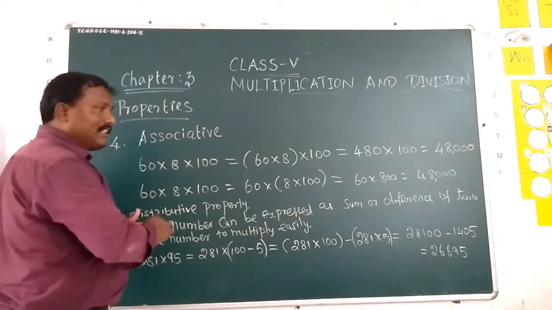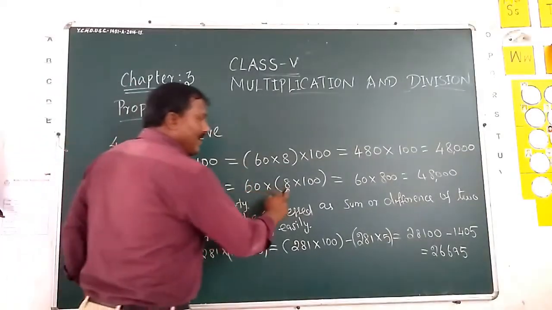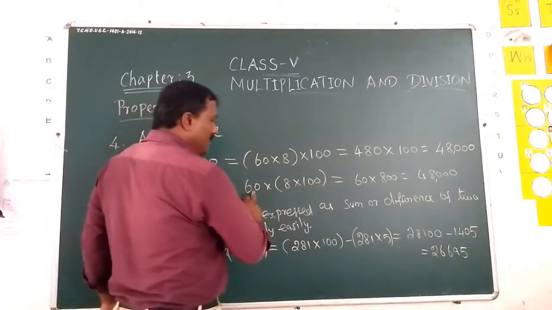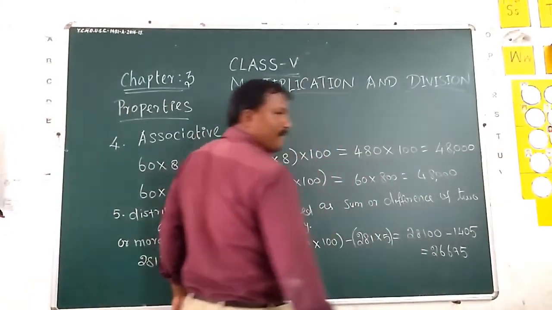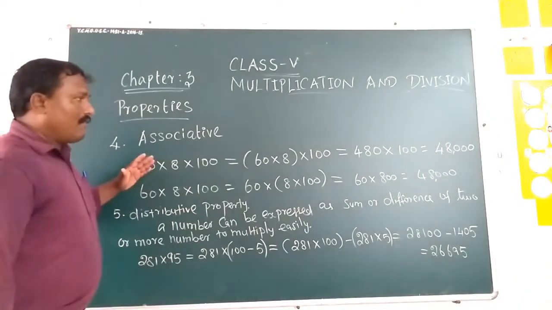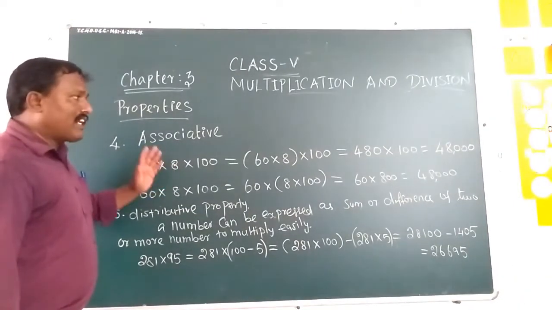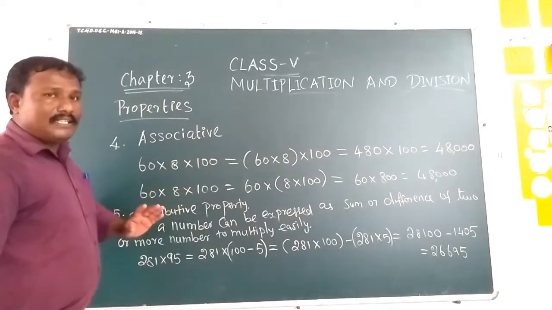Now rearranging in another format: 60 I keep outside, 8 into 100 is 800. Then 800 times 60: 6 8s are 48, so 48,000. So this is the associative property. When we are going to find a product, we can rearrange the given sum, then we can find the answer.